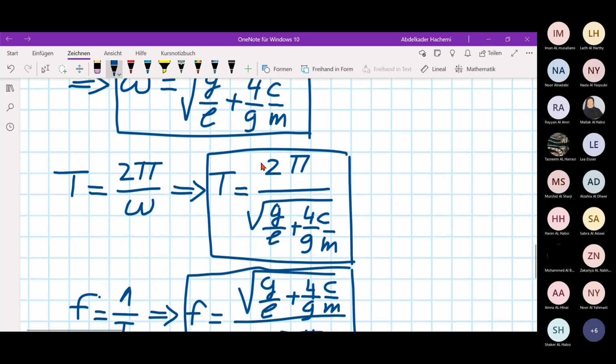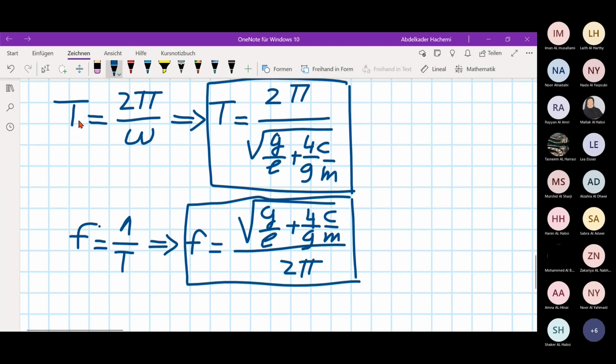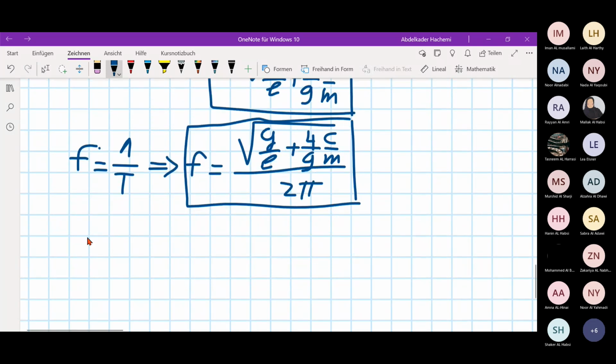These are now the eigenfrequency, the period T, and the frequency f.